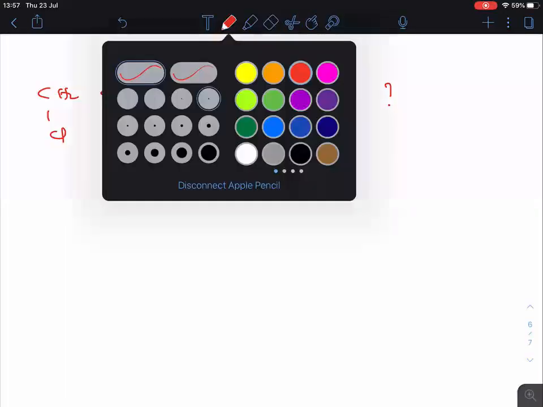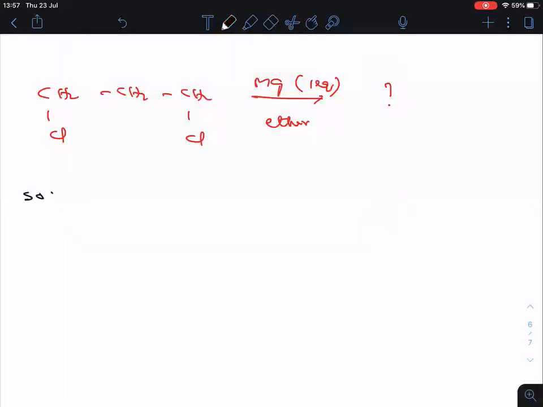So you might have solved it anyway. Let me explain the solution here. So what happened here? Only one equivalent of magnesium is there. Anywhere you put the magnesium, CH2MgCl, then this one will carry negative charge.